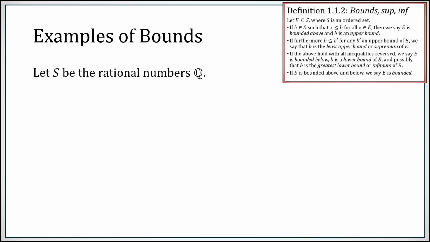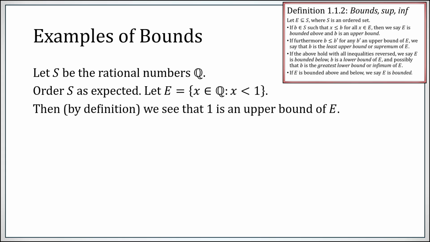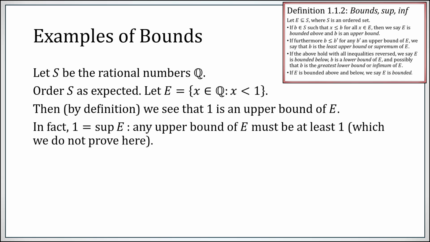Suppose we have the set of rational numbers, again with typical ordering that we're all used to. Let's let E be the set of rational numbers which are less than 1. Now, by definition, we see that 1 is an upper bound of E. Everything in the set is less than 1. But in fact, 1 is the supremum.